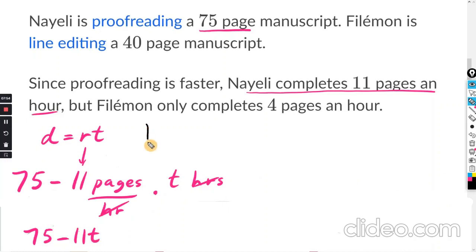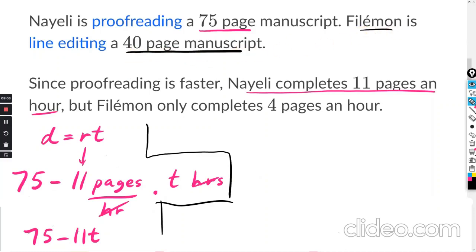Now, for Filman, he starts at 40 pages, and he only completes 4 pages an hour. So instead of subtracting 11t, we're going to subtract 4t.